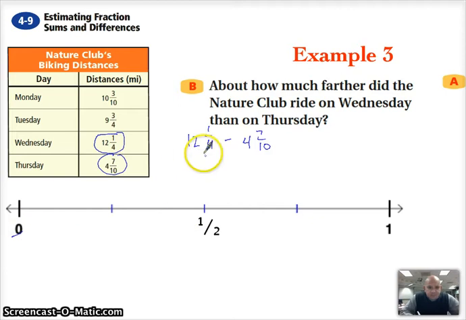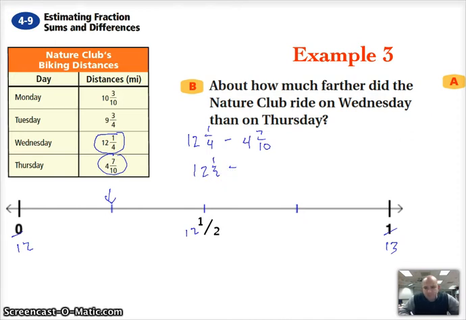Adjust this number line. 12 1/4 is somewhere between 12 and 13. So where does 1/4 go? Well, look, 12 1/4 is right smack in the middle between 12 and 12 1/2. So we're going to round that up to 12 1/2.